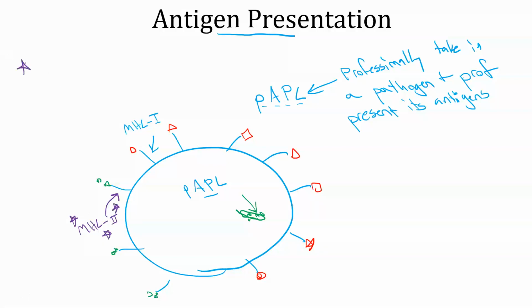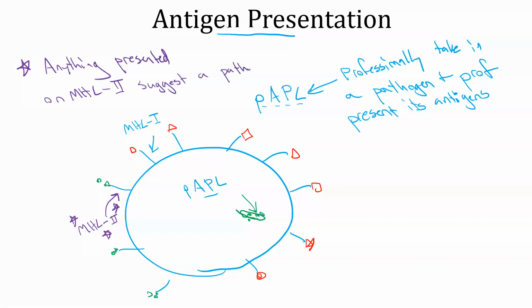And the note here would be, you could think of it this way, that anything presented on MHC class 2 suggests a pathogen that has been professionally, quote unquote, we won't really get into what it is that deems that, but absorbed.